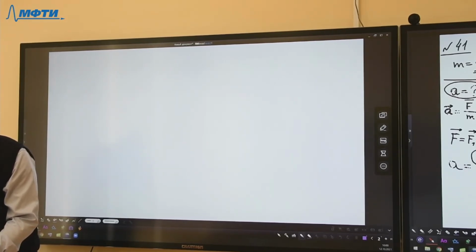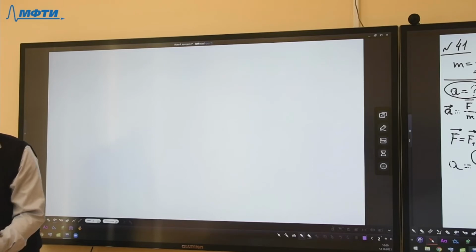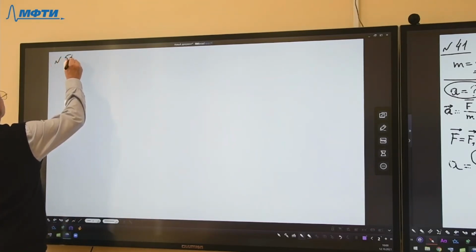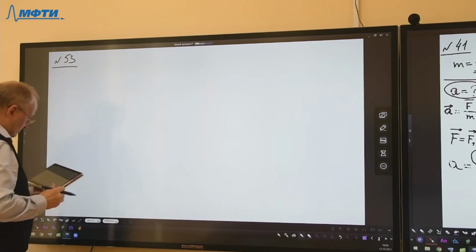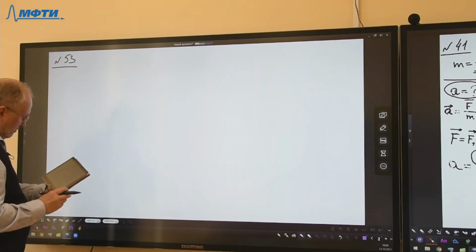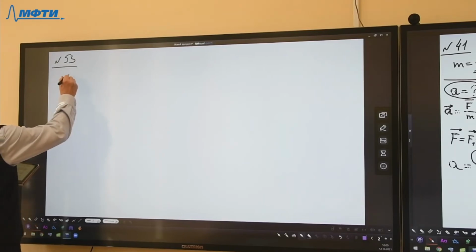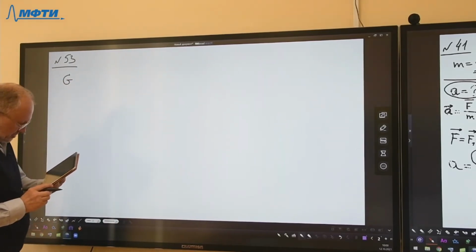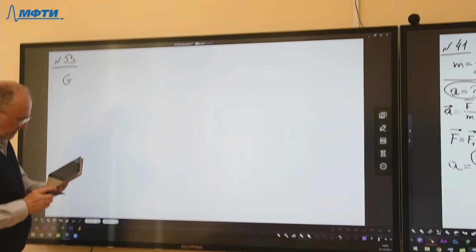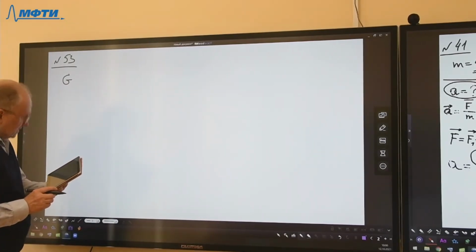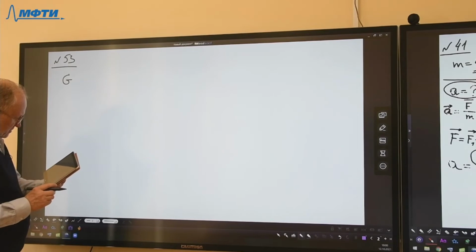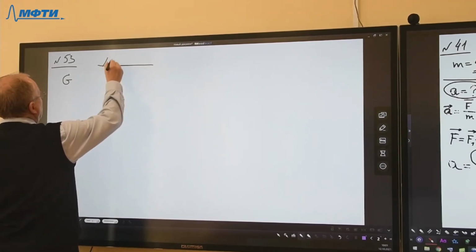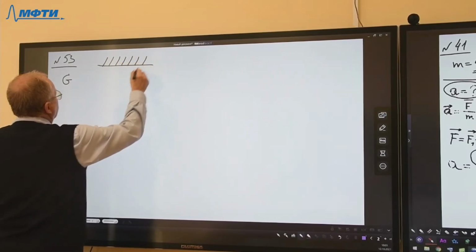Oh, let it be this one. Number 53. Let it be number 53. A weight G is attached to the axis of a moving pulley. So we need to reproduce the figure.